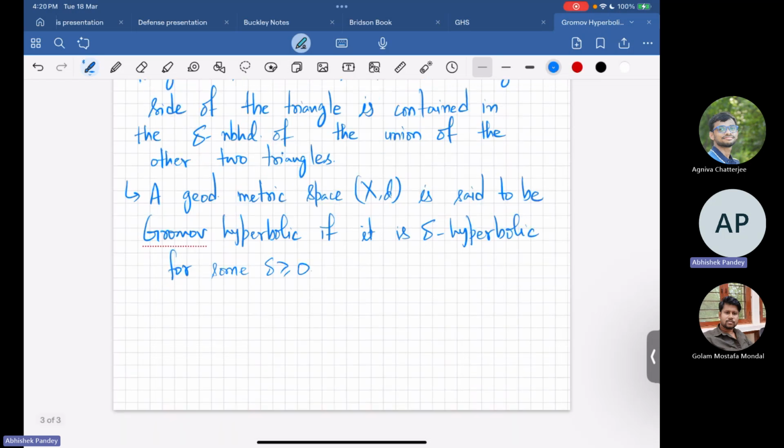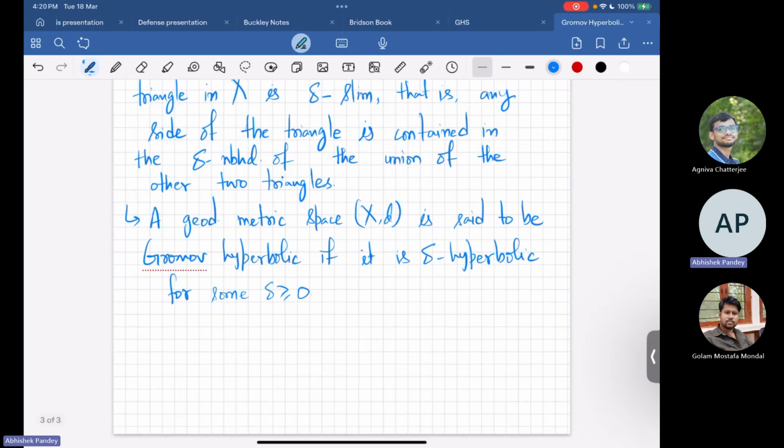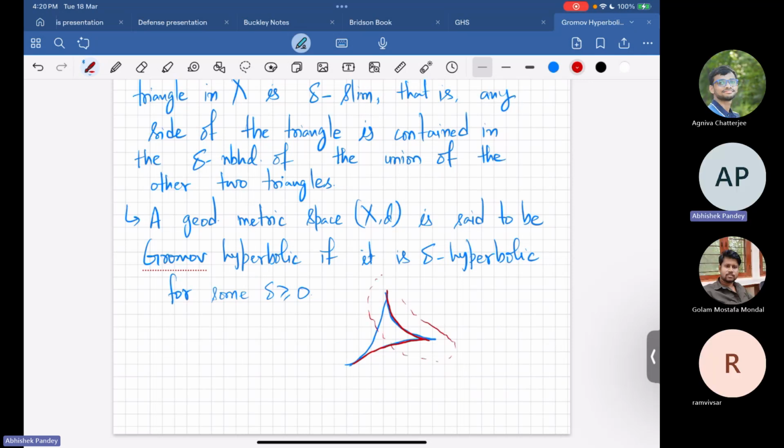Okay, so this definition means that, suppose we have a geodesic triangle. If you take a delta neighborhood of this side, and a delta neighborhood of this side, and so on, it says that the third side is also contained in this neighborhood.